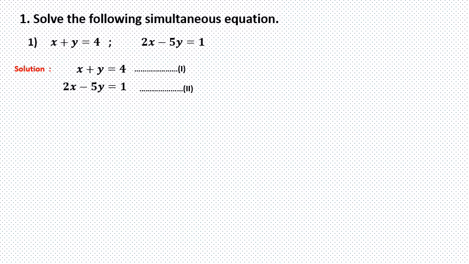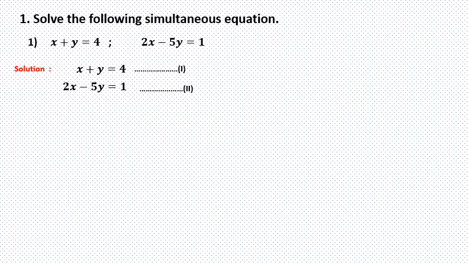Okay, so for the second variable, in equation number 1 the coefficient of y is also 1, but in the second equation the coefficient of y is minus 5. So in both equations, the coefficient of any one variable is not the same. So we have to do step number 2, that we will make the coefficient of any one variable the same.